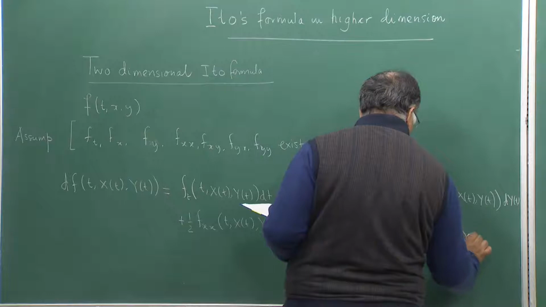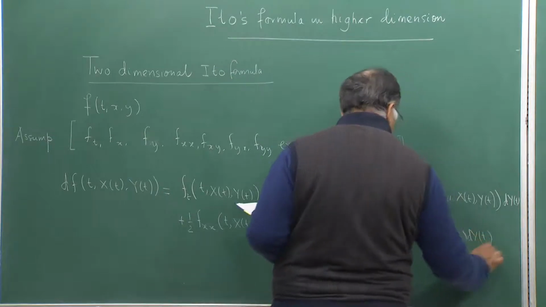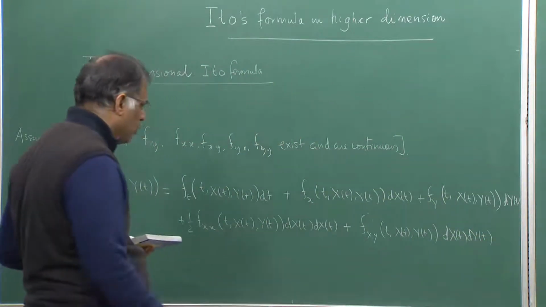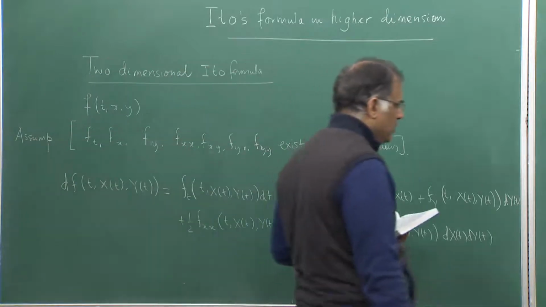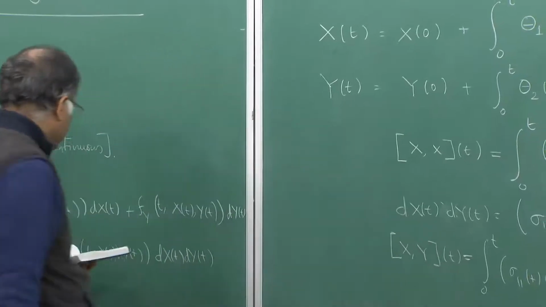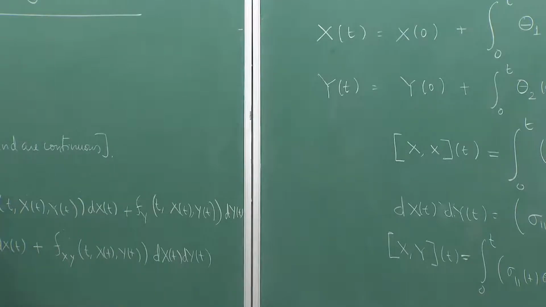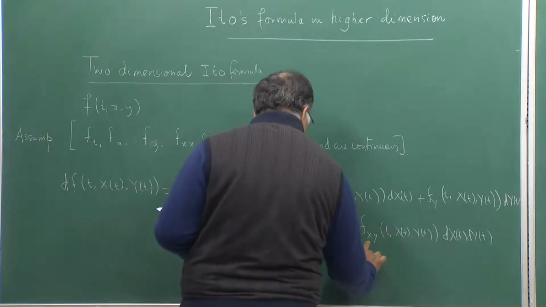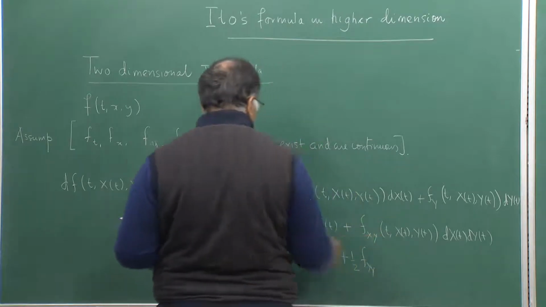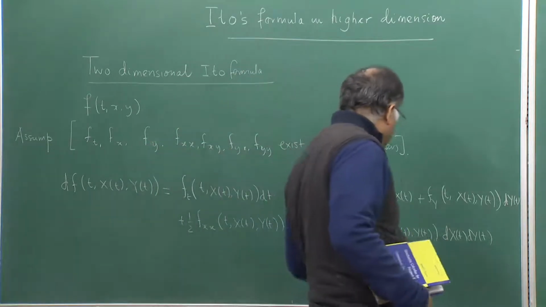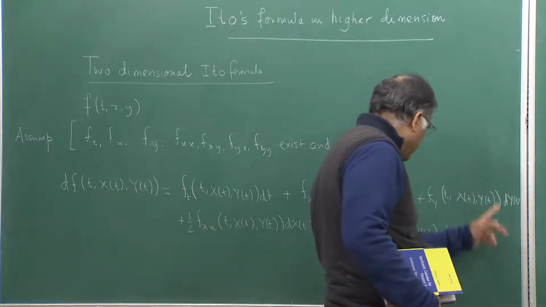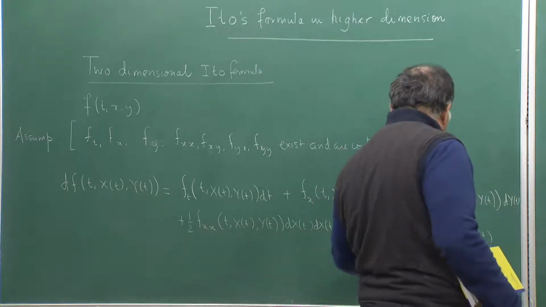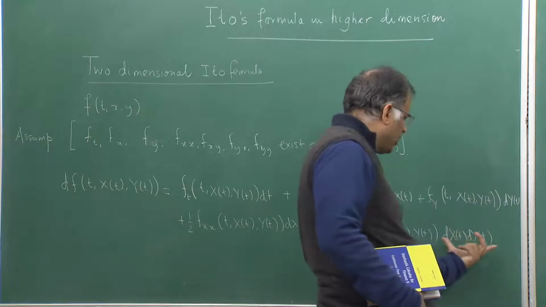dx t dy t. So, the cross one, which is this one, plus half f y y. I again tell you that f x y equals f y x. So, basically I should have a term here, half f x y t x t y t dx t dy t, plus half f y x t x t y t dy t dx t, but both the terms are same.